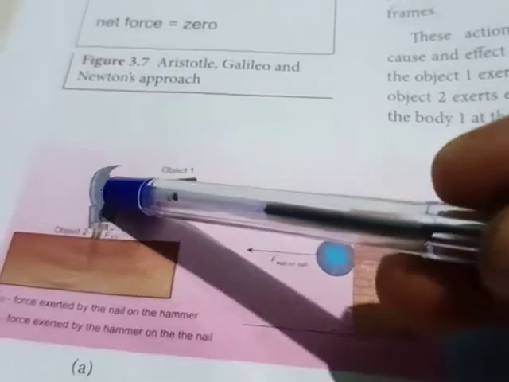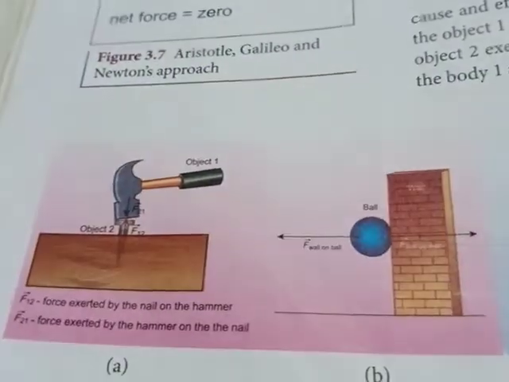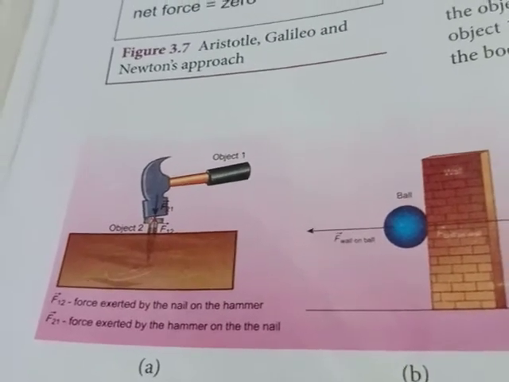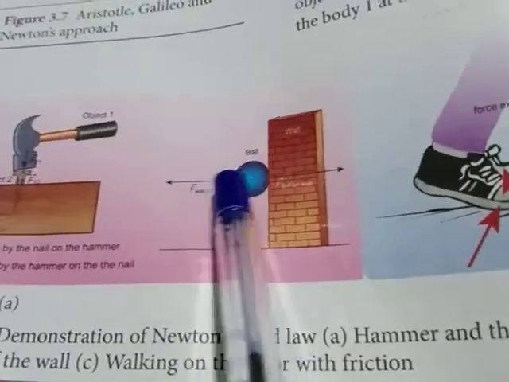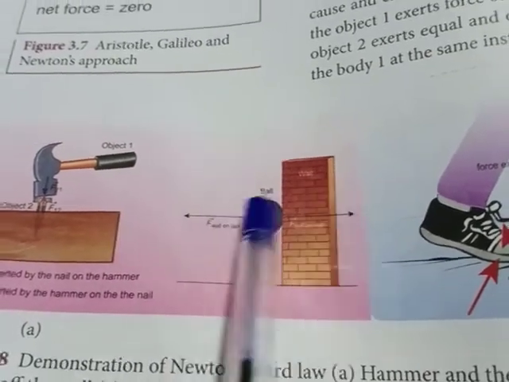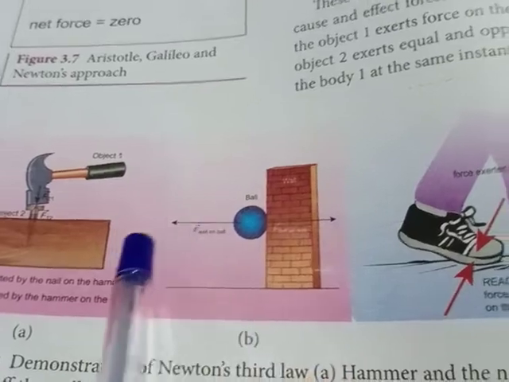That is a backward reaction. The harder we hit, the more pain we get in our hand. That is the reaction. Here also a ball is thrown at the wall and comes back. That is action and reaction.